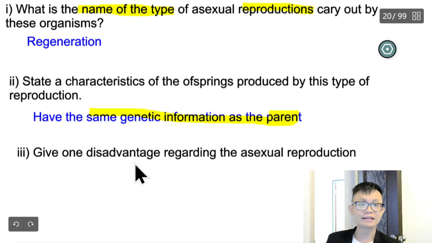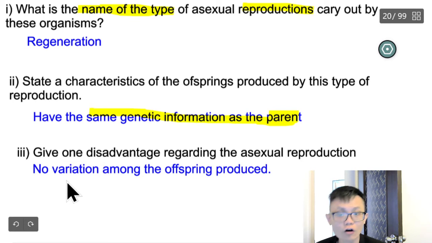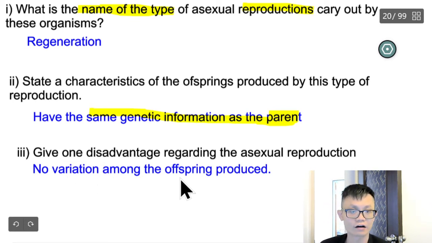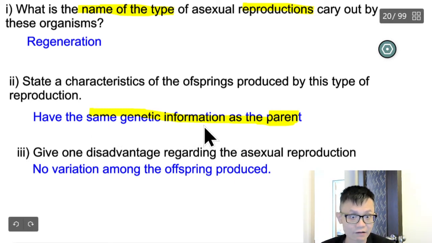They ask for one disadvantage of asexual reproduction. For this one, it is no variation among the offspring formed. Since it is genetically the same as the parent, there is totally no variation, which is actually not that good.